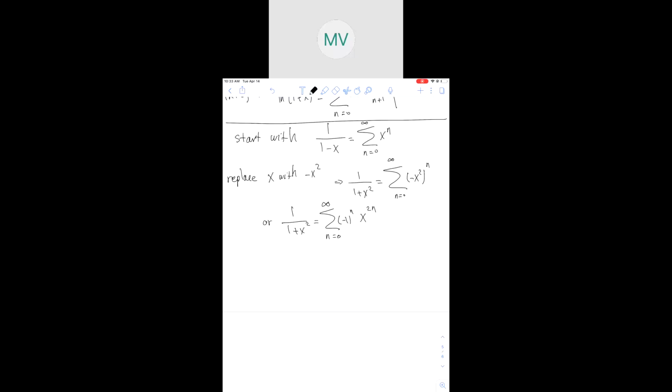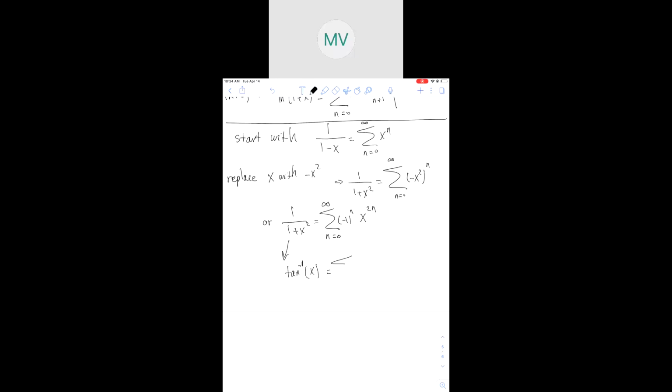Now, this is not the one we care about. The integration of this one is an interesting one. What's the antiderivative of that function? Tan inverse of x.